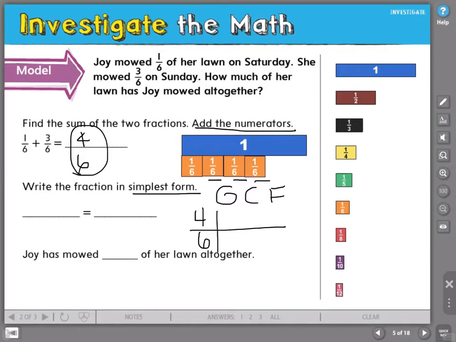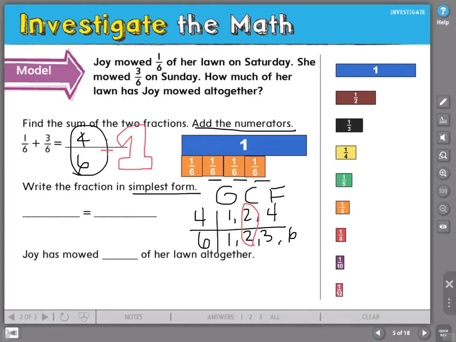Let's see. Factors of 4: 1, 2, 4. Factors of 6 are 1, 2, 3, and 6. So our greatest common factor is 2. To find simplest form, I'm going to divide 4/6 by the big 1.